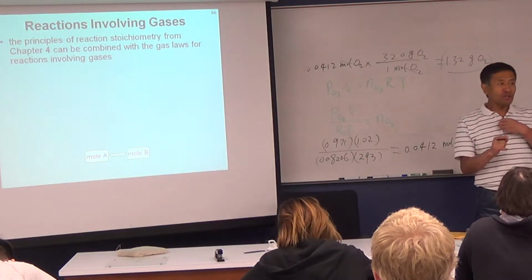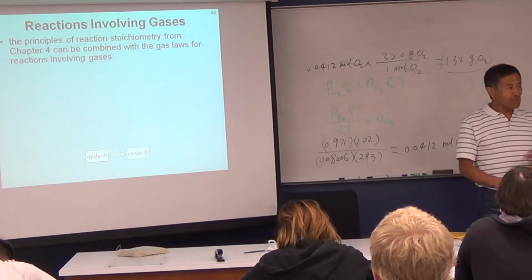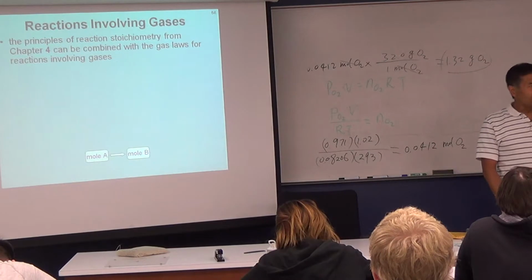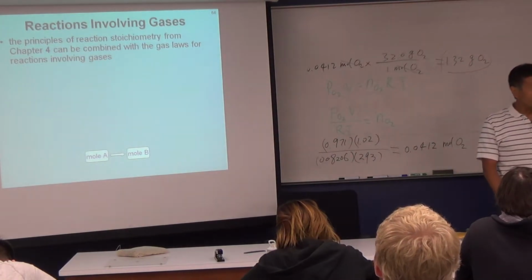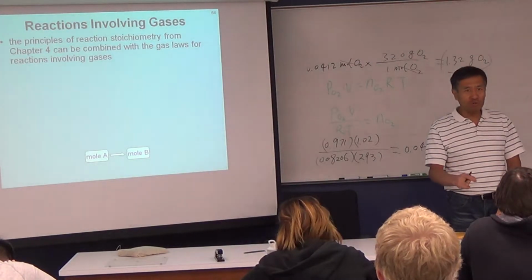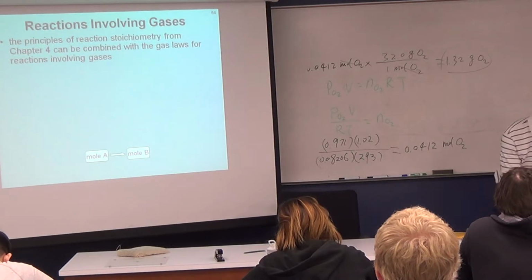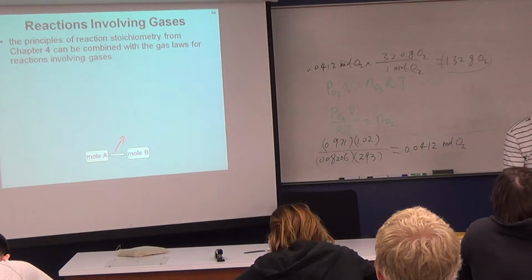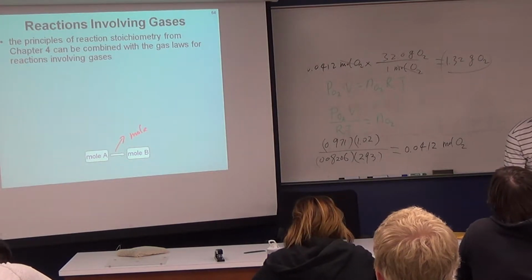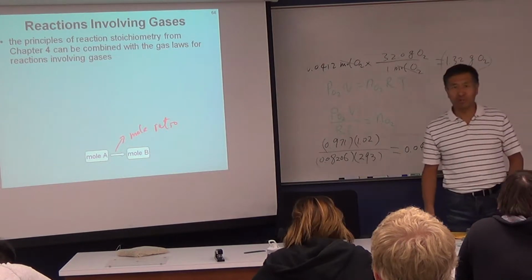Now in Chapter 4, what you learn is conversion. That means you don't have to know the grams of B. If you know how you can produce B from A, and you know the balanced equation, you can convert using mole ratios. So what do we use here? Most of the time, we use mole ratios.